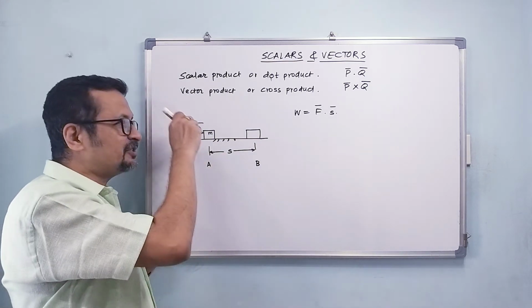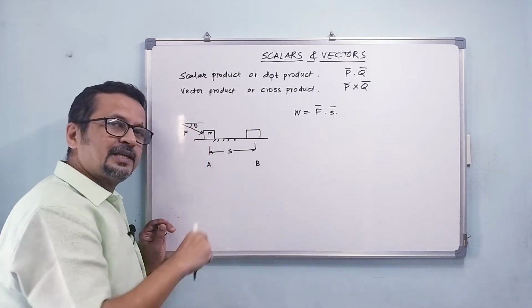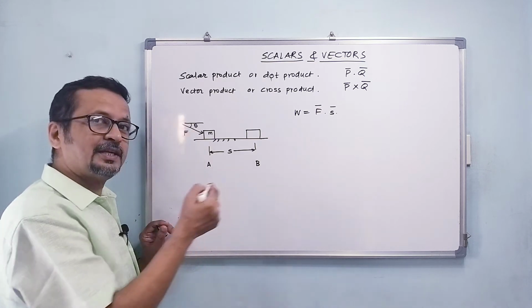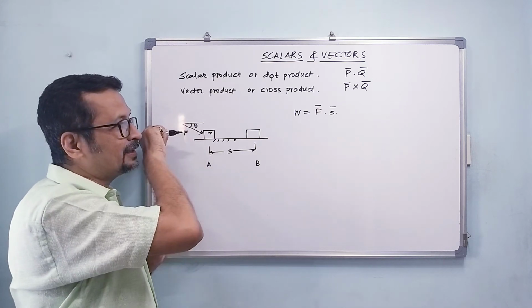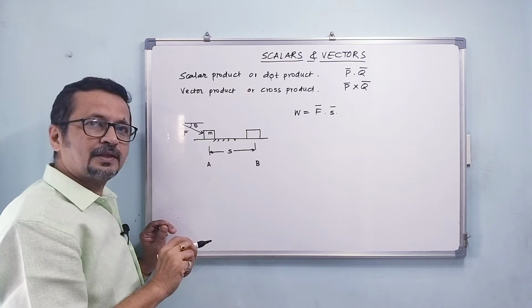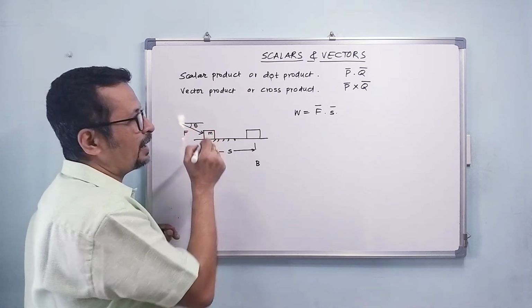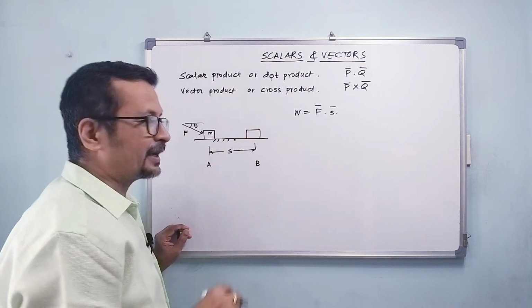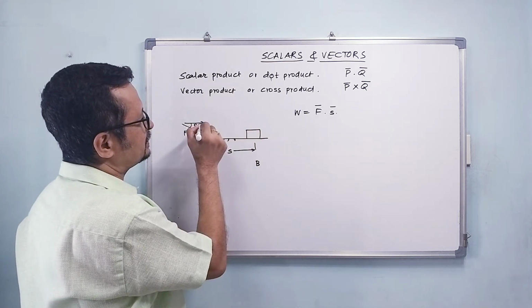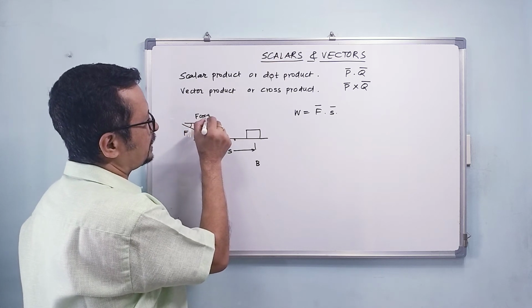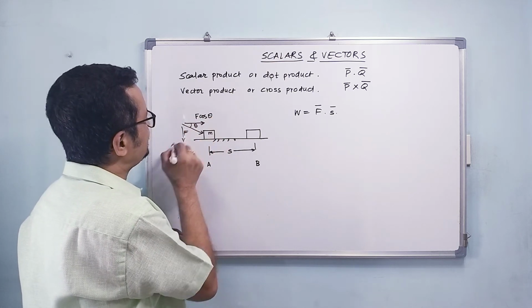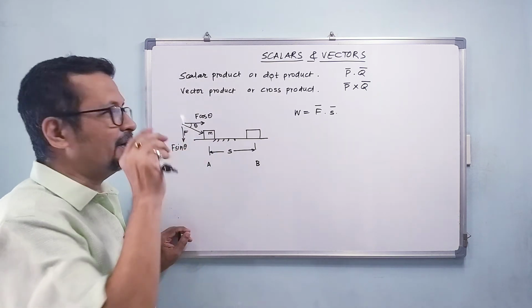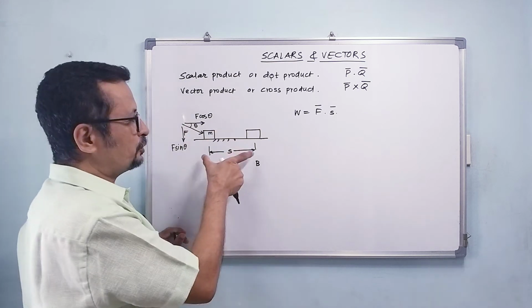Is the displacement happening along the direction of force? No. Displacement is not in the direction of force, but it is happening in the horizontal direction, correct? So obviously I would need to consider the component of force acting along the horizontal. And what is that component? This is my F cos theta, and the other component is F sin theta, correct? This F cos theta is producing this displacement.